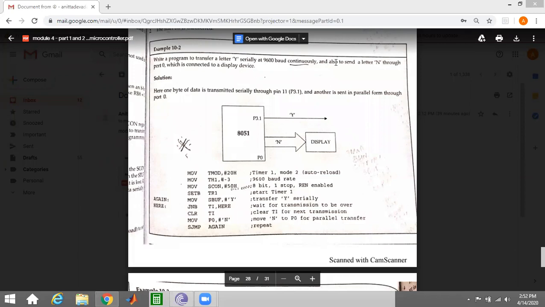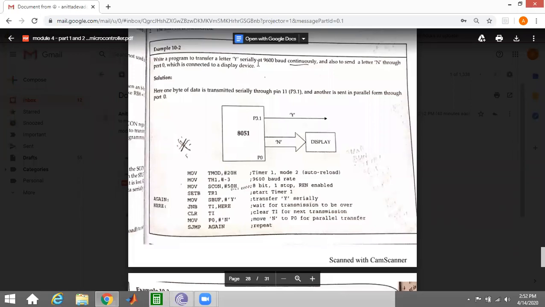Continuously, and also send the letter N through port 0, which is connected to the display device. Understood the question? We have two works to be done. The first is to transfer the data Y serially.